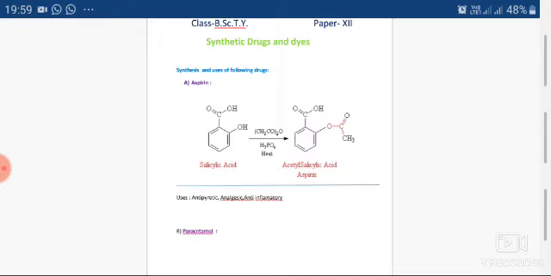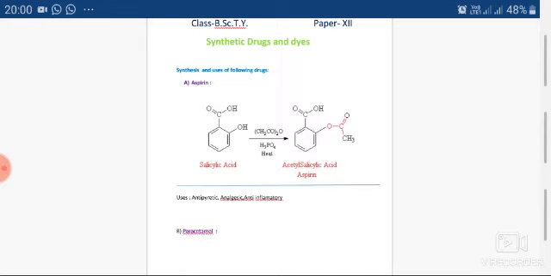It is also used as analgesic and anti-inflammatory agent. It means the aspirin is used to cure body pain or headache, backache, any body pain or anything, that is why this is an analgesic.